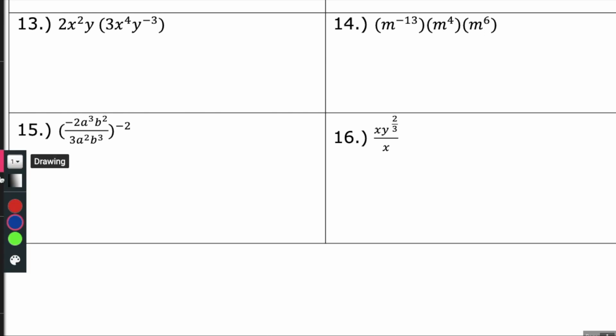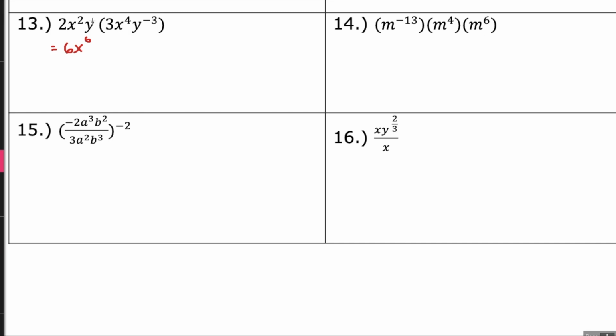So for number 13, you have 2x squared y multiplied to 3x^4 y raised to the negative 3. So first you work on the coefficients. I can multiply them, so I can write down 6. Now, they have the same base, and I'm multiplying them, so I can just add the exponents. x^6.